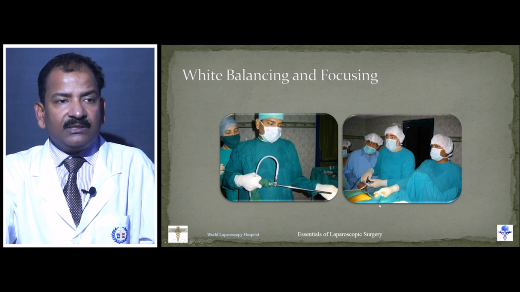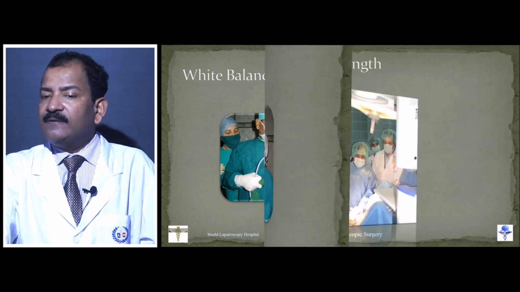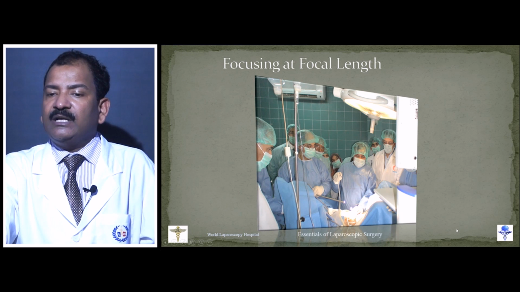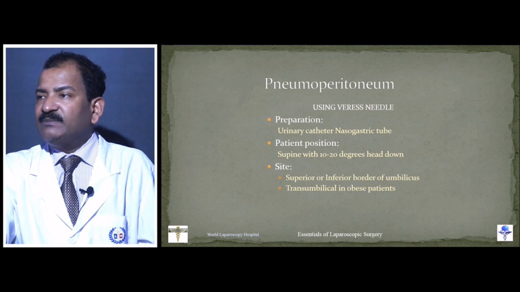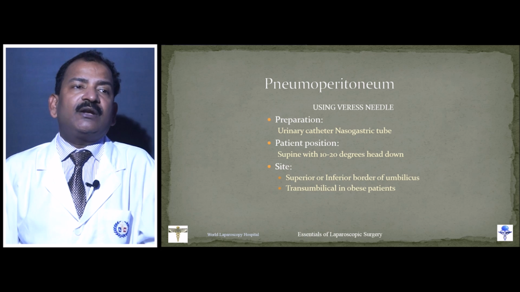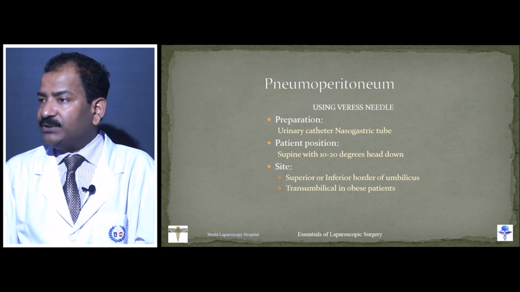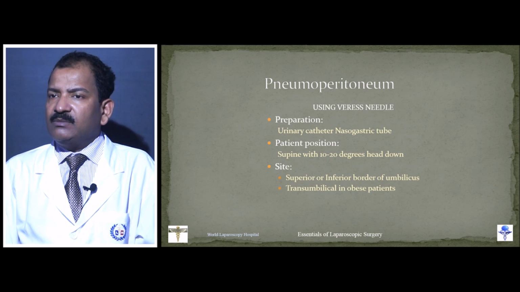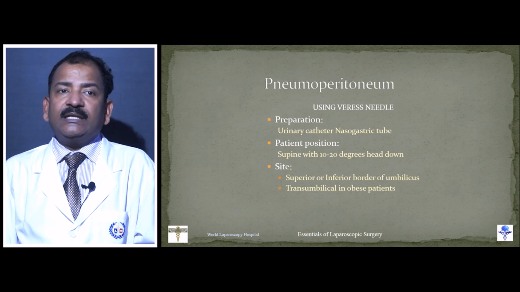If it is a 10 mm telescope, then 10 centimeter, and for a 5 mm telescope, 5 centimeter at the focal length. So, the appropriate focusing should be done outside, and after that you see that your patient is prepared or not. A urinary catheter or nasogastric tube should be used if there is any operative procedure. If it is just diagnostic or simple operative, you may not use it, but using it is recommended.